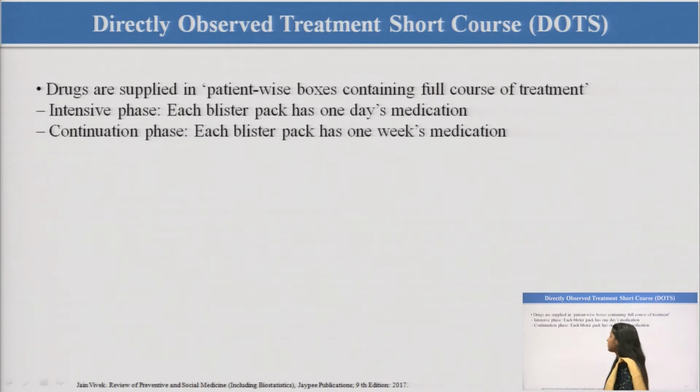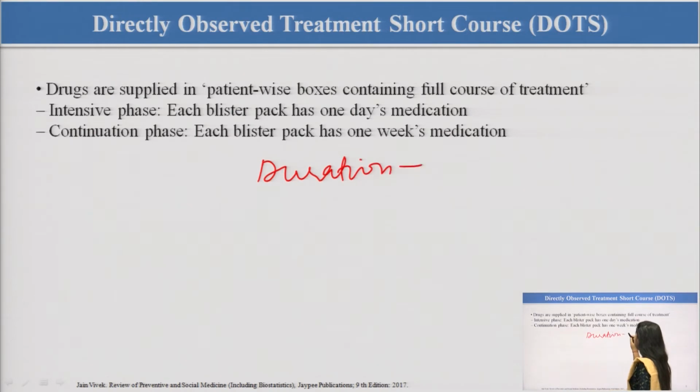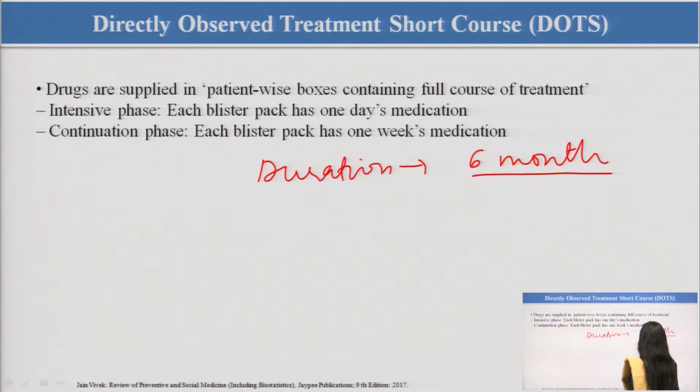After that, the drugs which are given to the patients. So, there is a therapy, meaning therapy timings. The duration of the therapy, normally, if it is 6 months, I am just taking an example here. So, there are 2 phases in it.